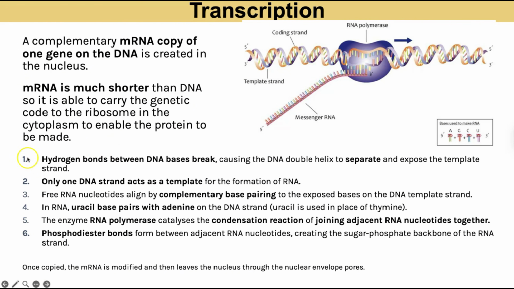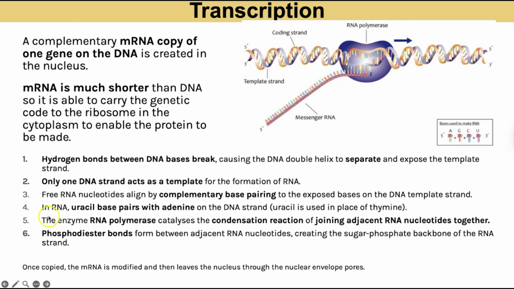So if you were asked to describe transcription, here are your key marking points. First of all, the hydrogen bonds between the DNA bases break, and that causes the DNA double helix to unwind and the 2 strands to separate. Only one of the DNA strands acts as a template though.